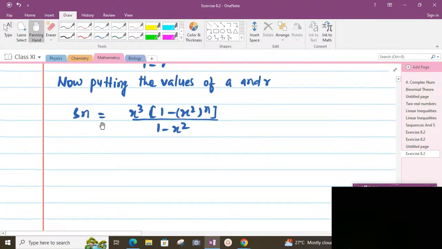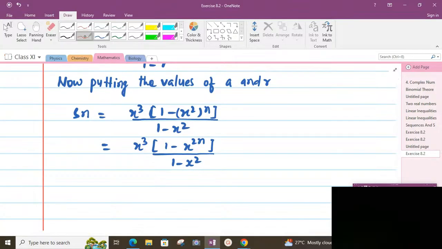So the next step here will be equal to x³ times (1 minus x to the power 2n) by 1 minus x². So this one will be the answer. Of that, Hindi medium students will also understand. तो हिंदी माध्यम के विद्यार्थी भी इसको समझ गए होंगे.